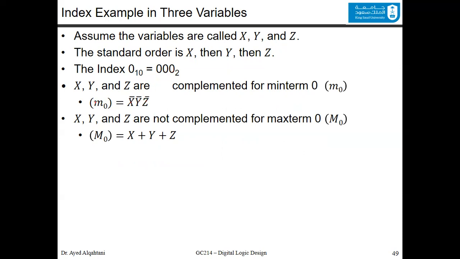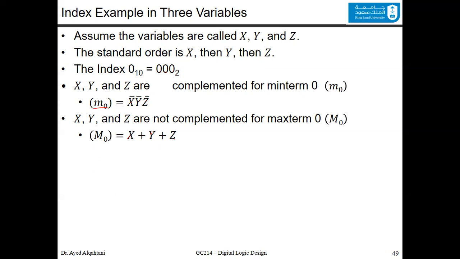And this is going to be m small 0. This is its index, m0, the index being 0. For the max term, remember, we are doing the opposite now. So it will be x, y, z, and there's OR between them, x or y or z. And we will call this M capital 0.